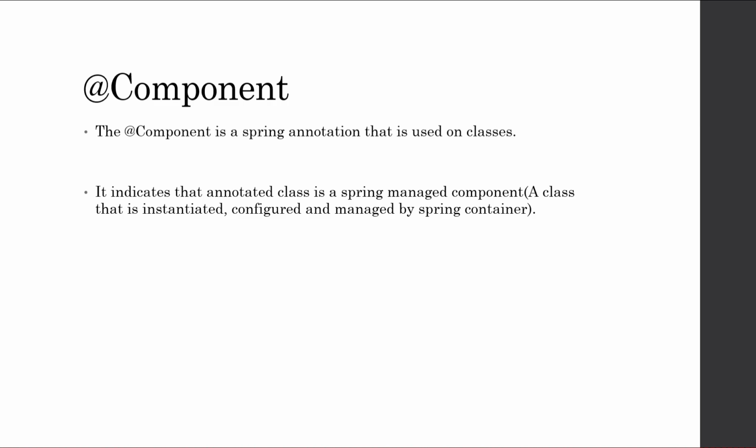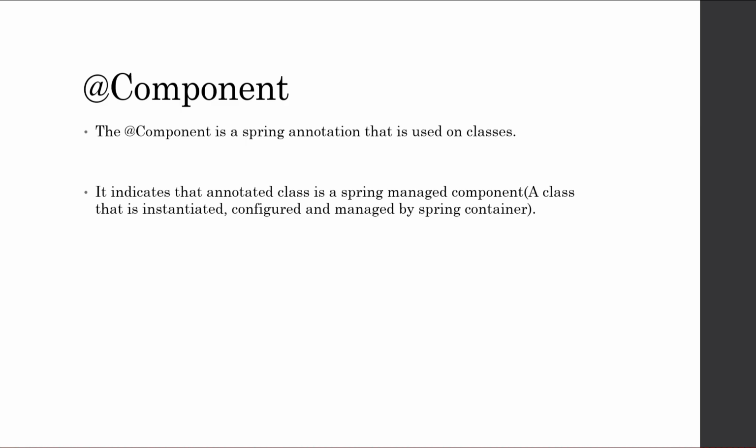So in the instantiation phase, the object of the class is created. In the configuration phase, the dependencies are injected and the properties are also injected from the application's properties file. In the management phase, the initialization and destruction tasks are executed.